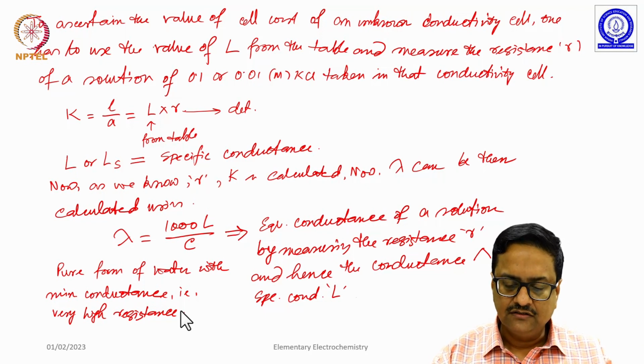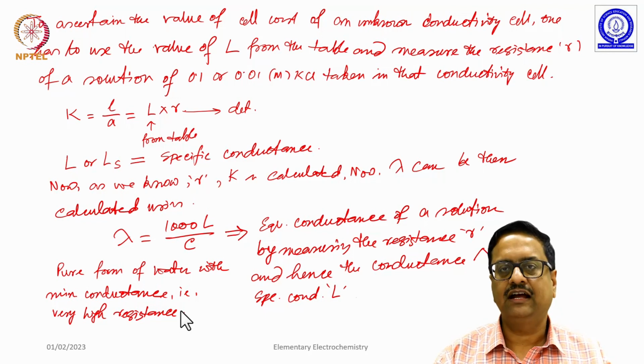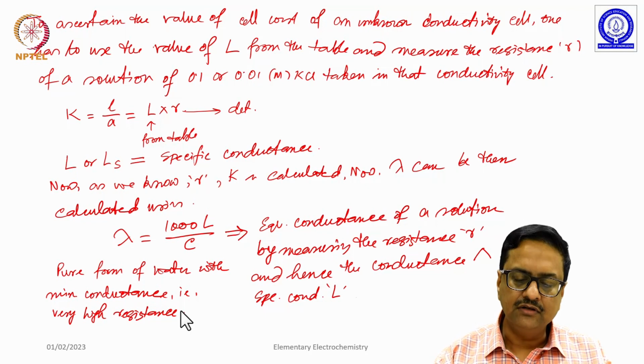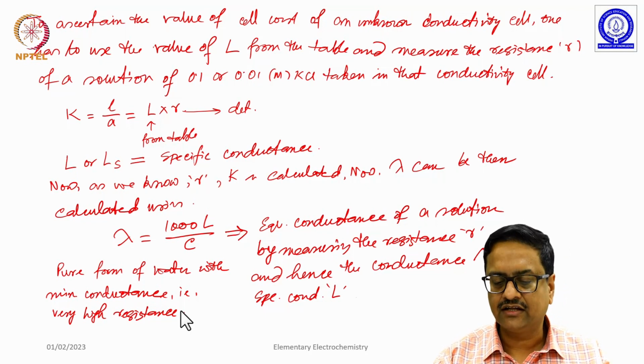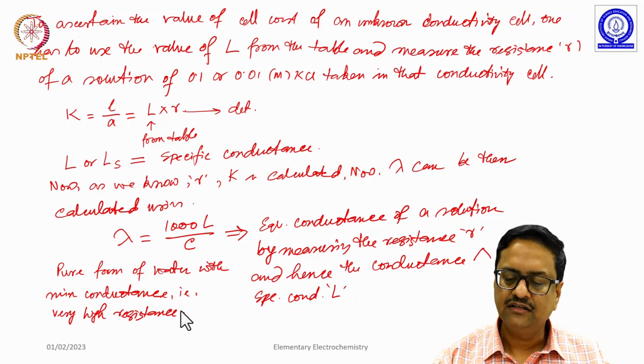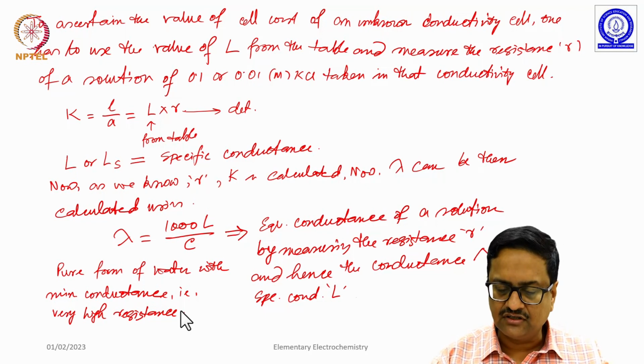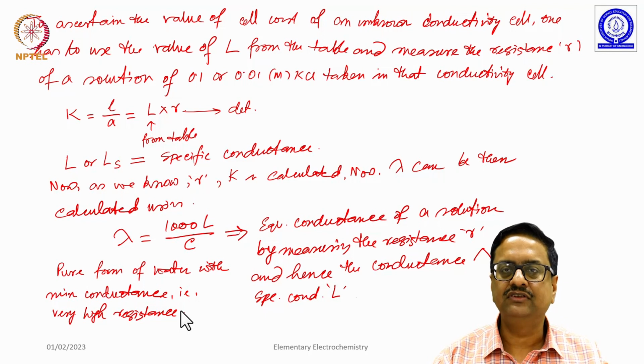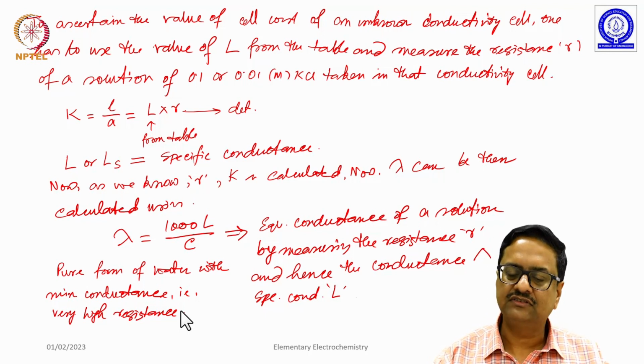The water that comes out of the cation exchange and anion exchange resins should not have any ions H plus, OH minus or any other ions like carbonate or bicarbonate or dissolved sulfur dioxide which forms SO3 2 minus ions. So, those ions should not be there in the water.